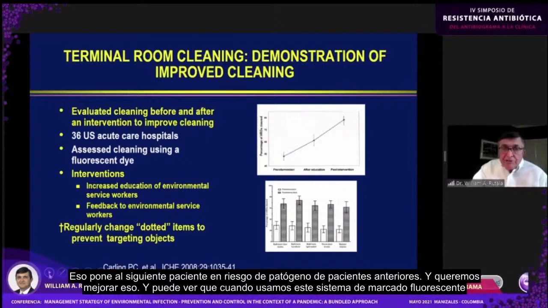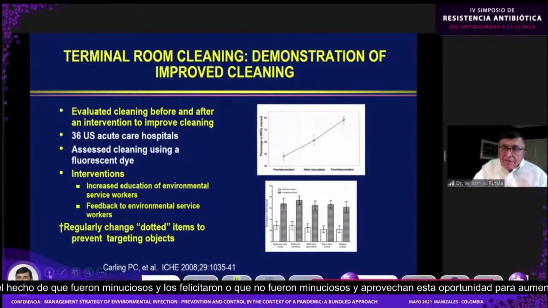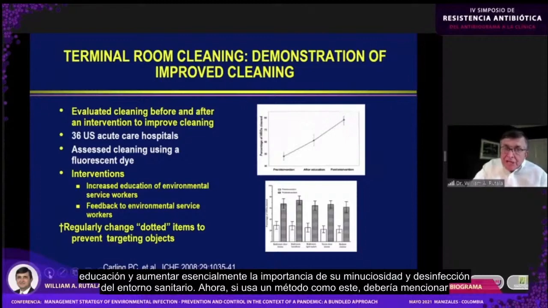And you can see that when we use this fluorescent marking system, and we use education of the environmental service worker, and we feed back to that environmental service worker the importance of thoroughness, and the fact that they were either thorough and congratulate them, or that they were not thorough and take this opportunity to increase education and increase essentially the importance of their thoroughness in disinfecting the healthcare environment.